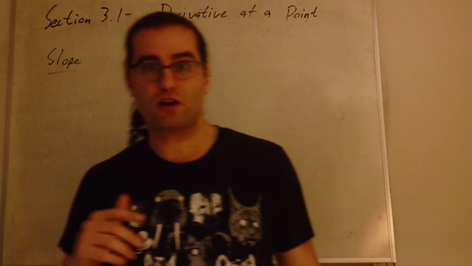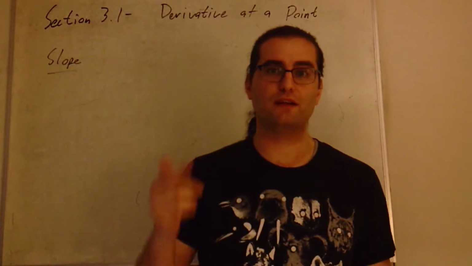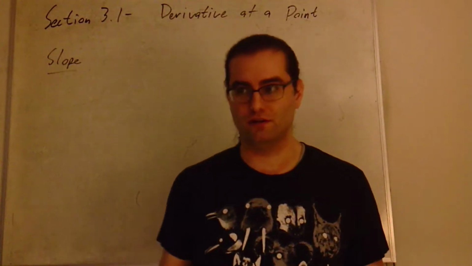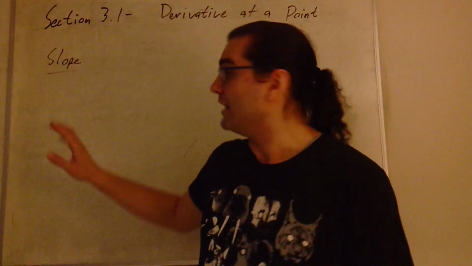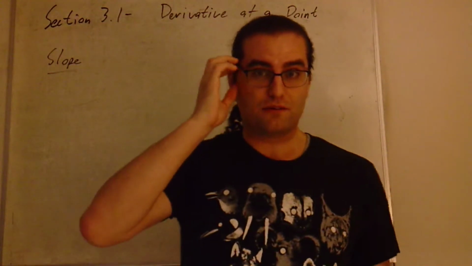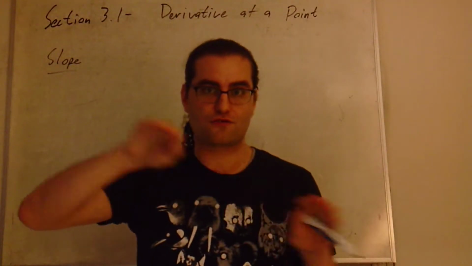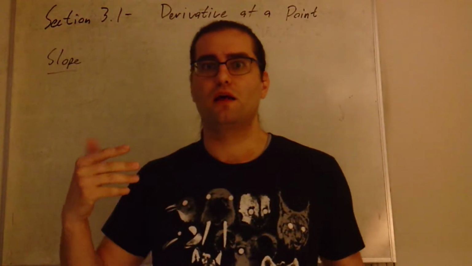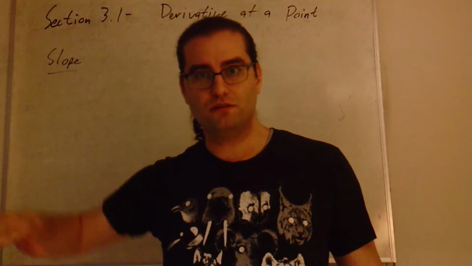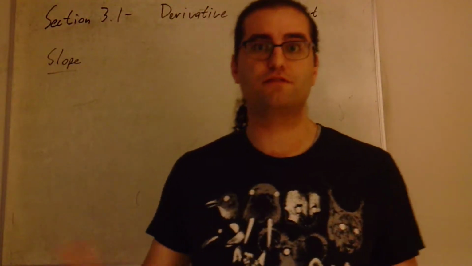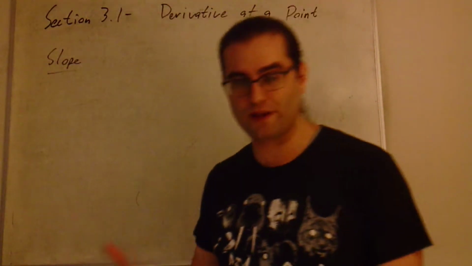And we want to talk about the rate of change of things that wiggle. And slope is the closest we can get to that right now. Slope, we said, is the constant rate of change for things that are straight. Things that are not straight, things that wiggle, they do not have a constant rate of change, but we can still talk about their rates of change.